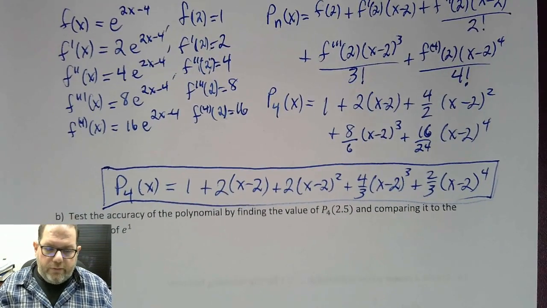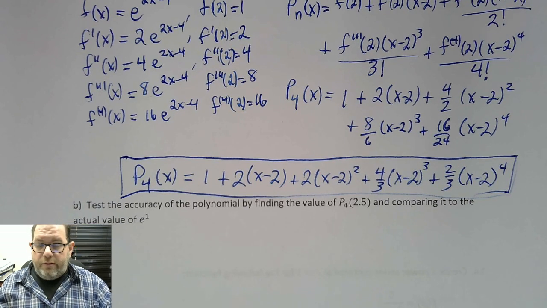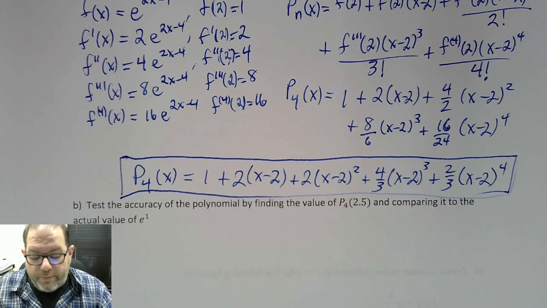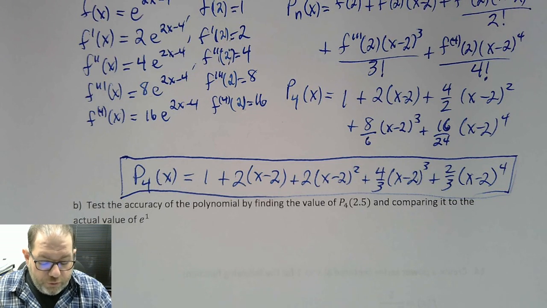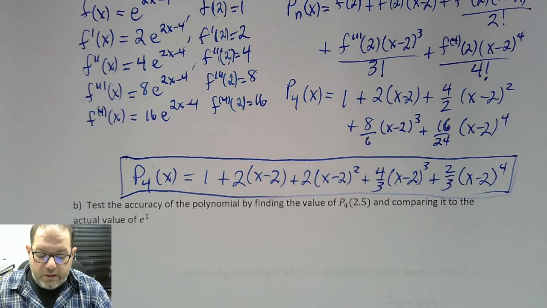Okay, and so there's our resulting fourth degree polynomial at c equals 2. All right, and then in part B, test the accuracy of the polynomial by finding the value of P4 of 2.5 and comparing it to the actual value of e to the first.